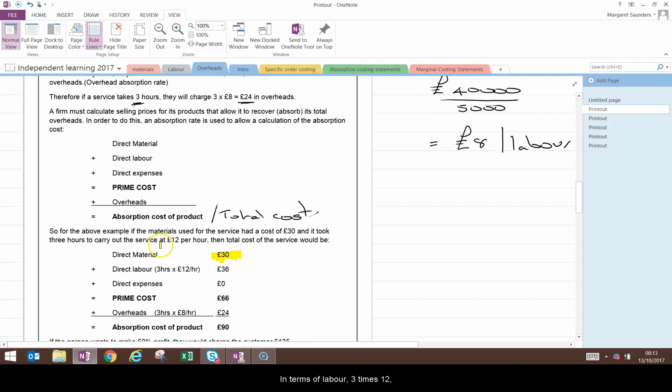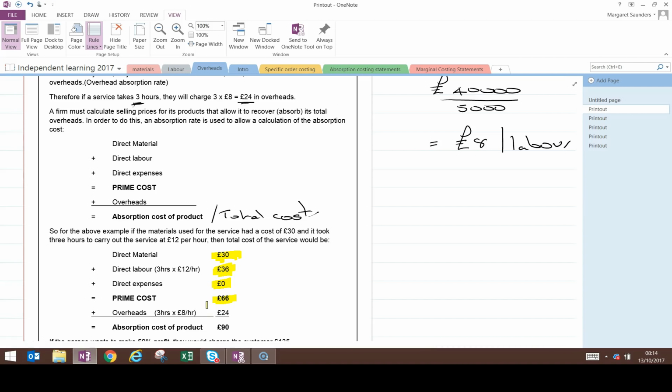So in terms of labour, 3 times 12, £36 in labour. There are no direct expenses, so the prime cost, £66. We now need to add the overheads.